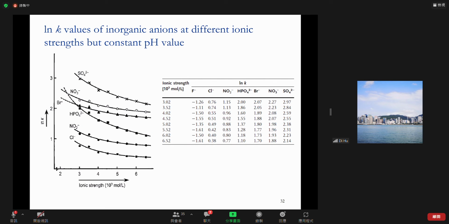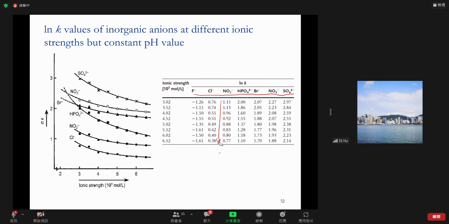I'll just show you one example, for the analysis of fluoride, chloride, nitrite, hydrogen phosphate, bromide, nitrate, and sulfate. You can see that with increasing ionic strength, the k value decreases for everyone, right?